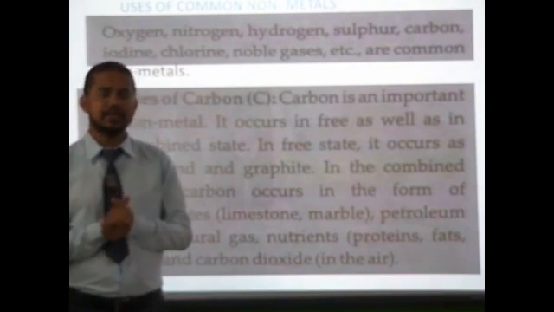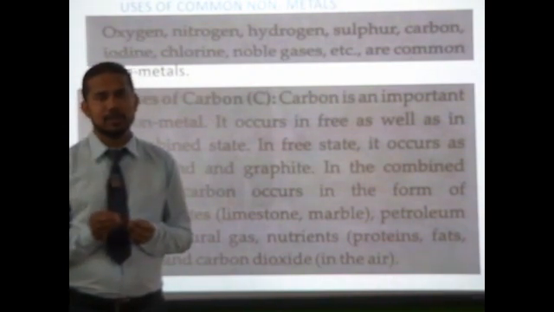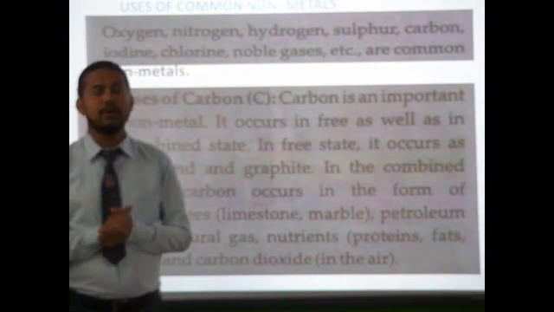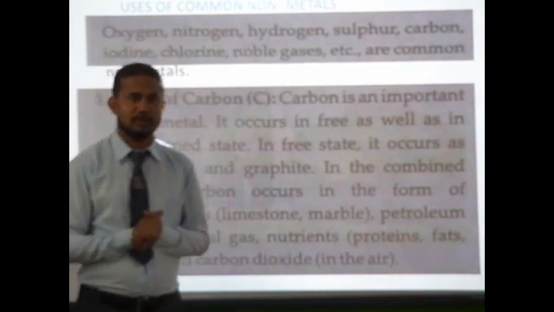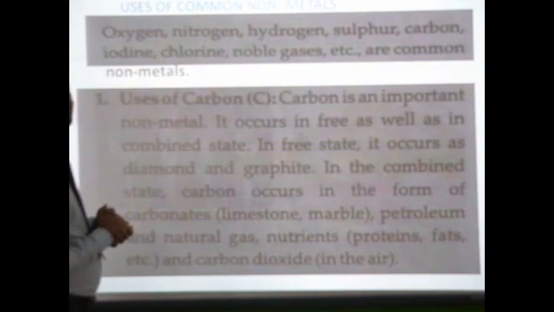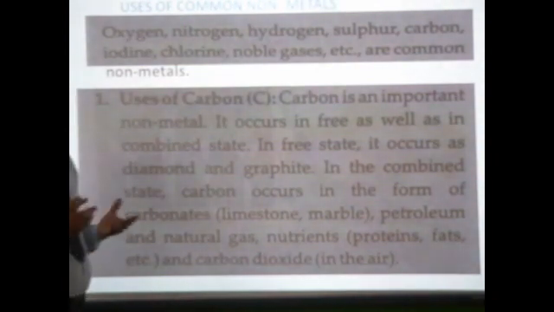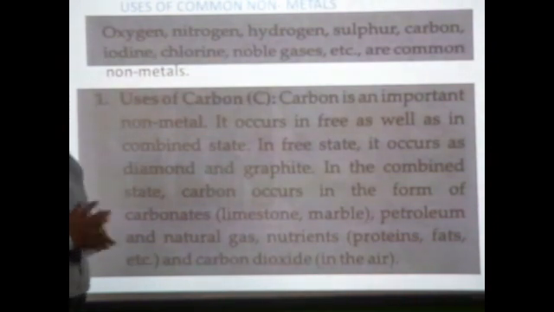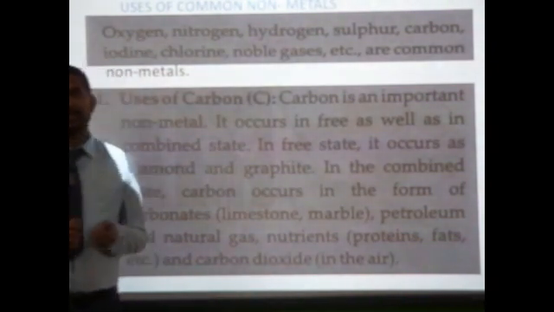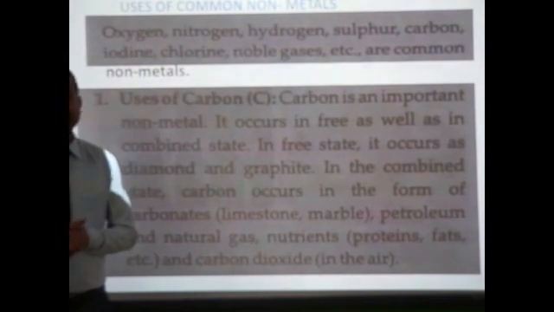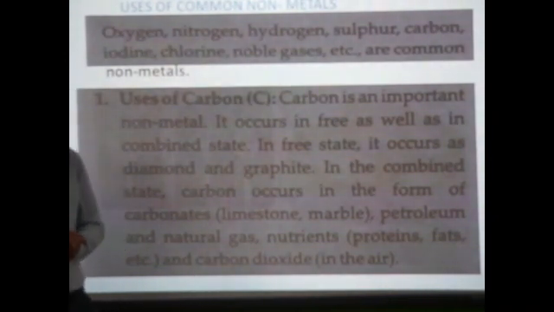And in our daily life we use some non-metals. So oxygen, without which we cannot even think of our life. The nitrogen, without which plant cannot prepare protein. Plant cannot prepare protein without nitrogen, so that is also very important.